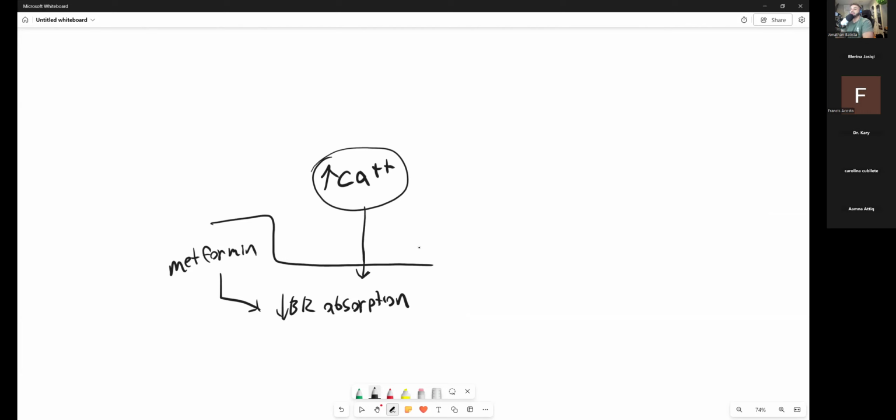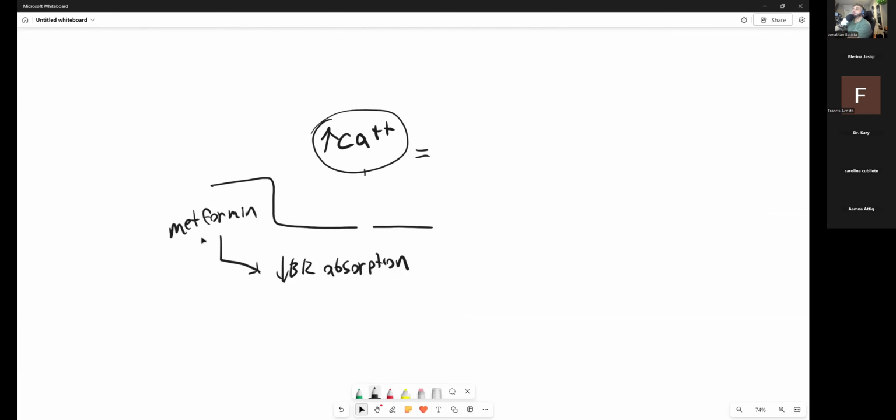It'll stop it from happening. So increased calcium can play an important role here, reversing this metformin effect. All right. So remember this. This is something else that's very important when it comes to metformin. Let's continue though. Definitely metformin, lactic acidosis.